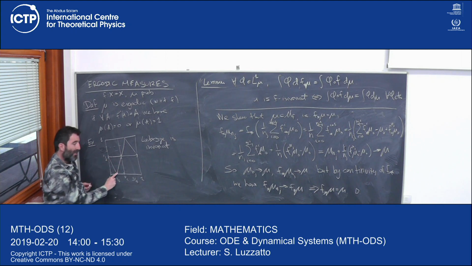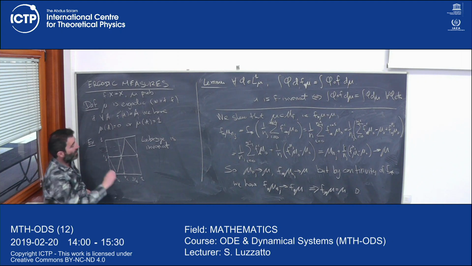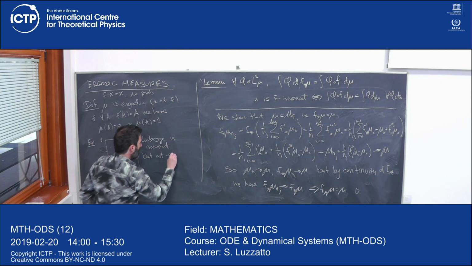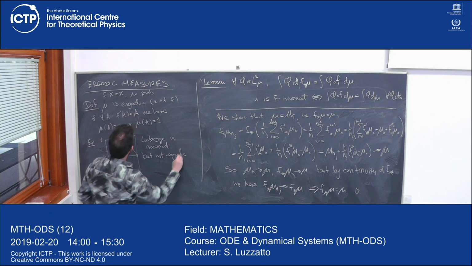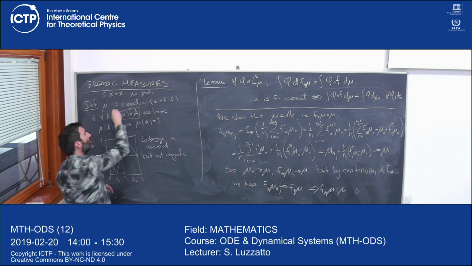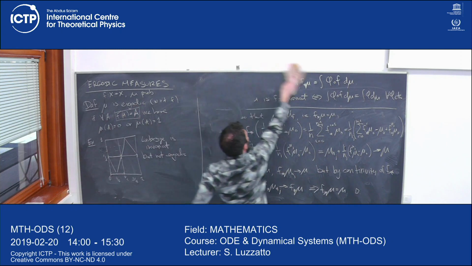Everything that starts in here stays in here both in forward and backward time. Okay, it's the same here. And this is a general fact about ergodicity. This condition here is more powerful than it seems at first sight.